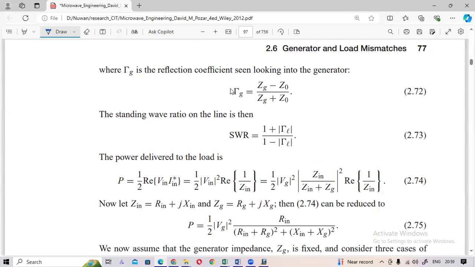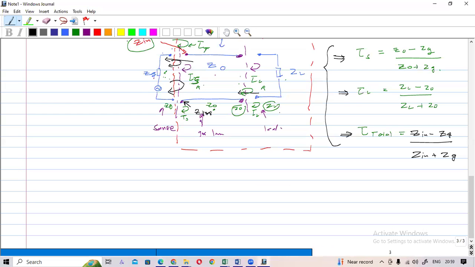So that reflection, looking into the generator, is ZG minus Z naught. But here we are considering this side reflection coefficient, so it will be Z naught minus ZG. Don't get confused. All are the same.